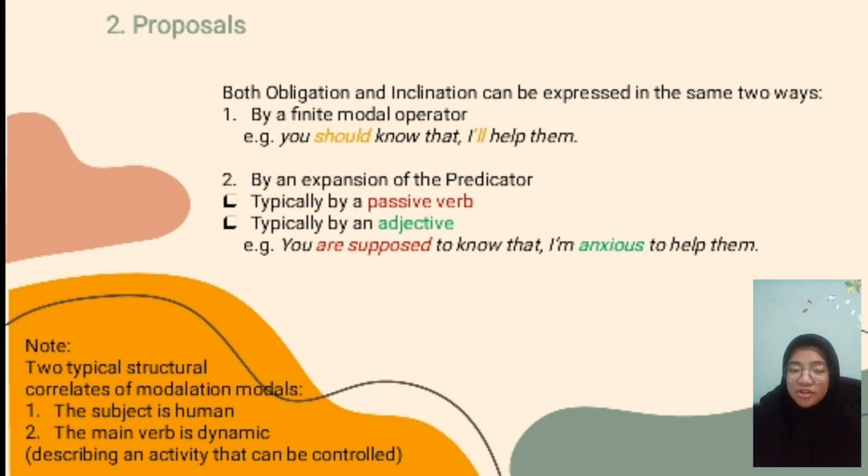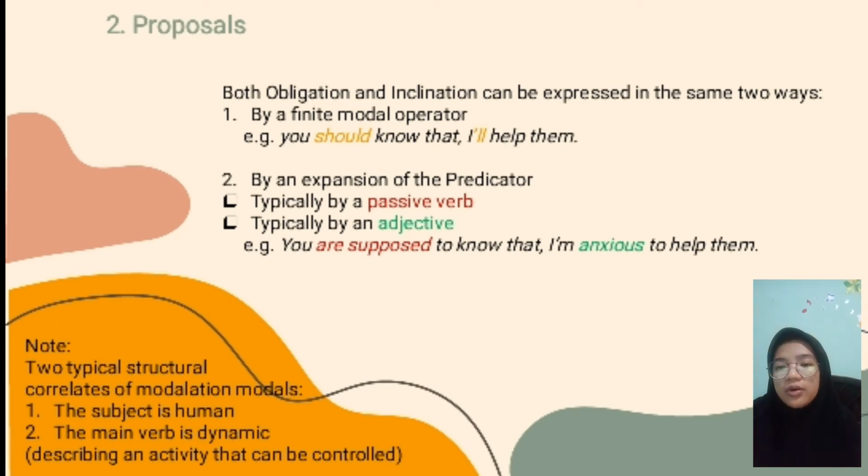It is the adjective. Note the typical structure correlation of modulation: the subject is a human, and the main verb is dynamic. The dynamic means it is describing an activity that can be controlled.